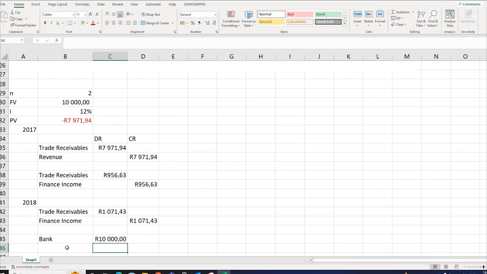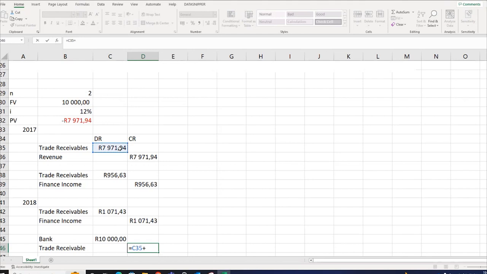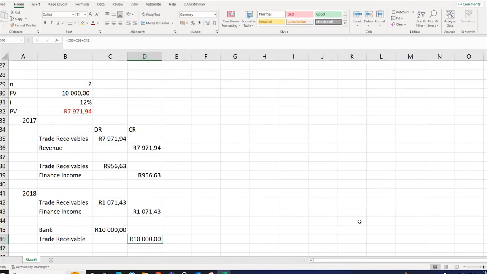And then we de-recognize the trade receivable, because now we've received our payment in full, so we no longer have a receivable. And if you look at it, the amount of the receivable is equal to all the receivables that we've been recognizing over the past 2 years, and that gives us 10,000 Rand. So we've got the cash, de-recognize the receivable, then we're done with that.